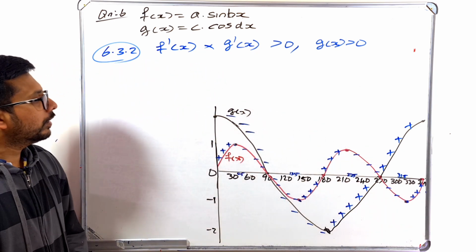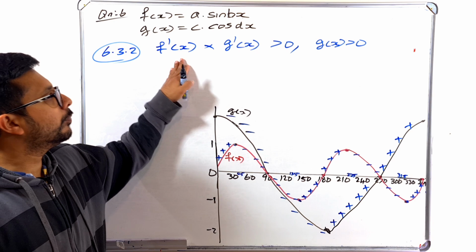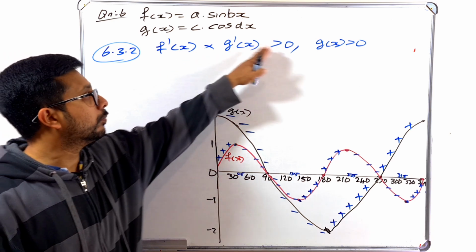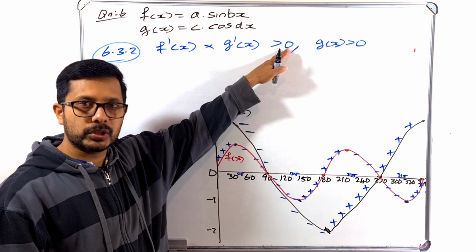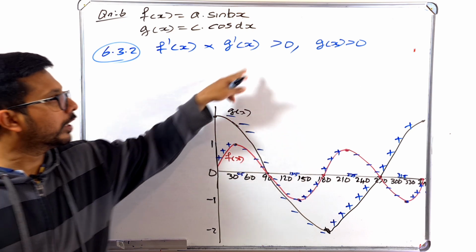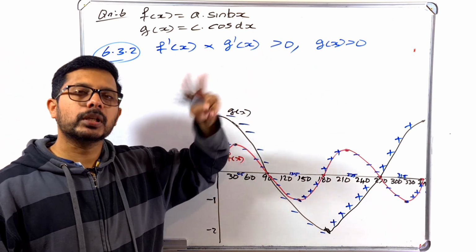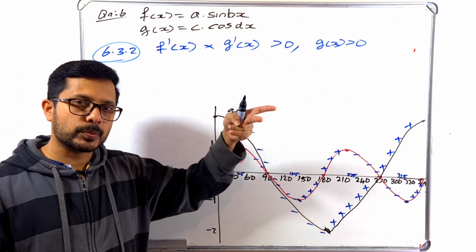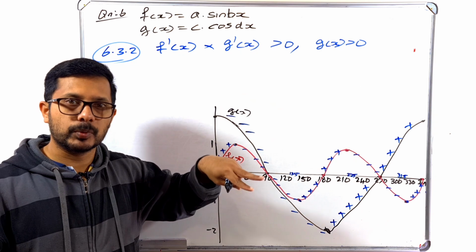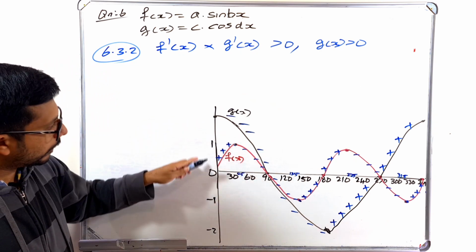Now when we multiply, we want the positive. Greater than 0 means positive. So I told you, if you want a positive answer, both of them must be positive, or both of them must be negative. So look at this one.